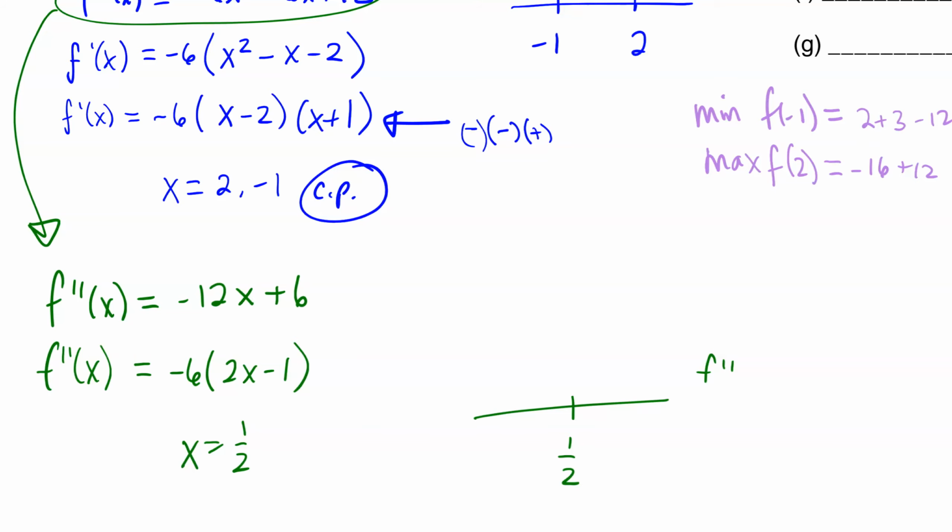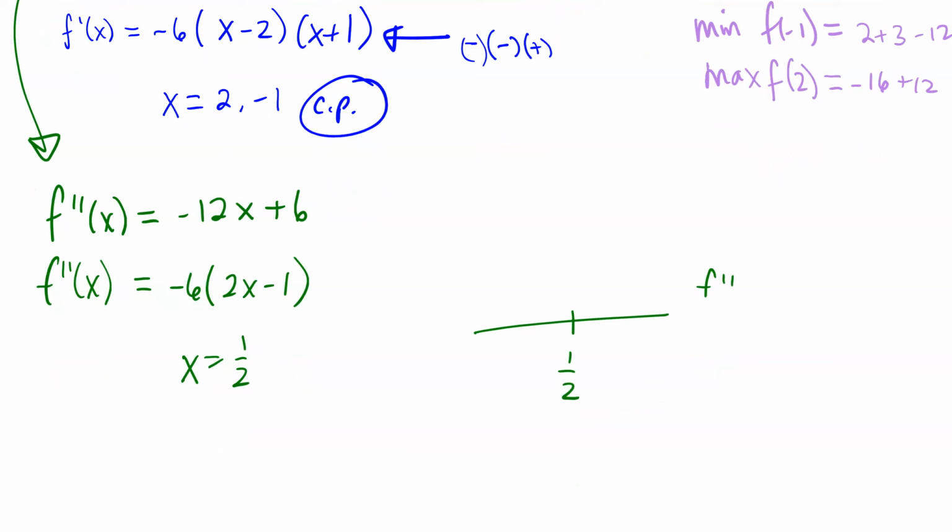Or you don't have to: set it equal to 0. -12x plus 6 equals 0, so -12x equals -6, x equals -6 over -12. That's 1/2.